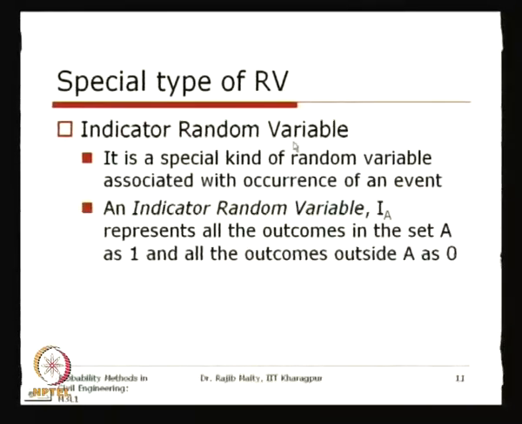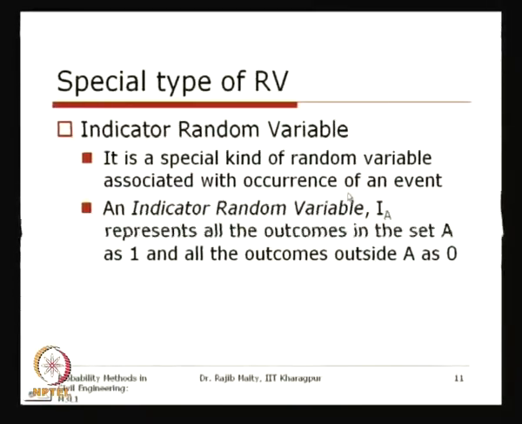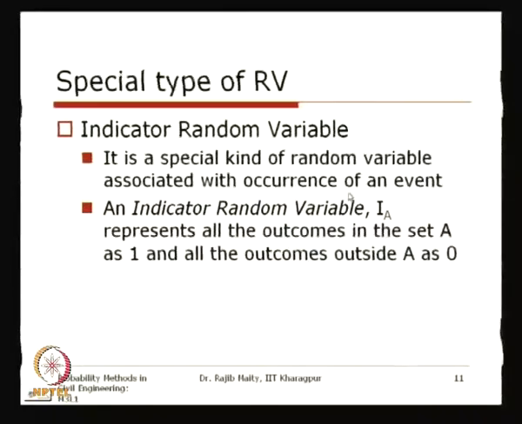So this type of random variable just indicates the occurrence of one particular event. In the first case, the event is the accident, and in another it is the occurrence of rainfall. If the outcome is within the set, it indicates 1. If it is outside, it indicates 0. This kind of random variable is known as the indicator random variable.